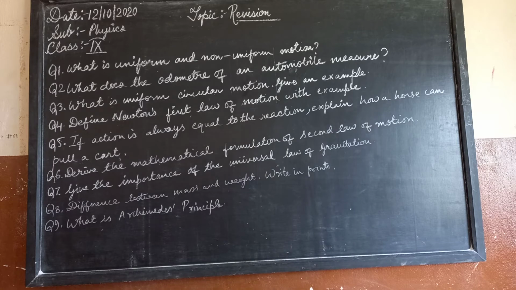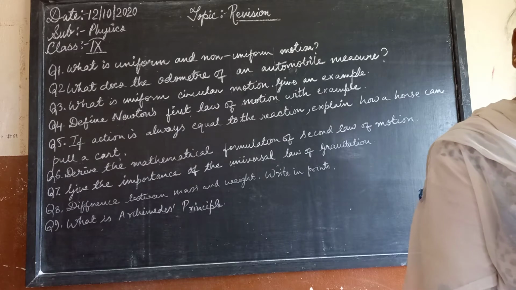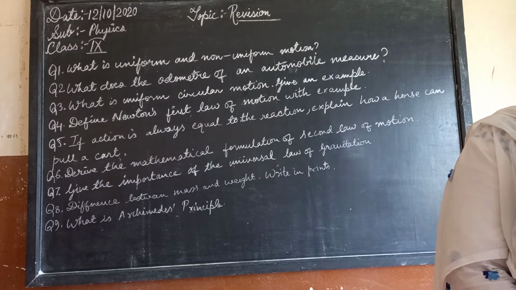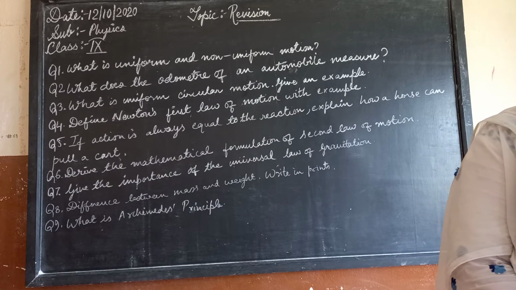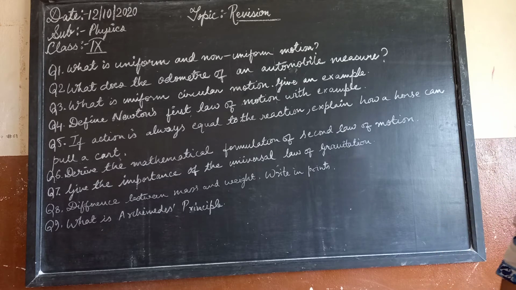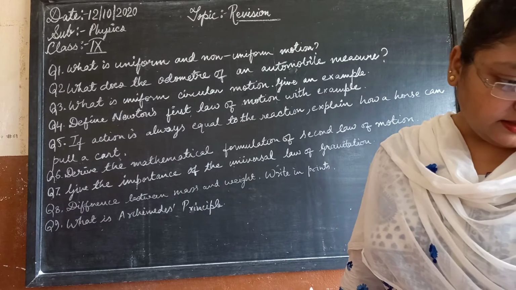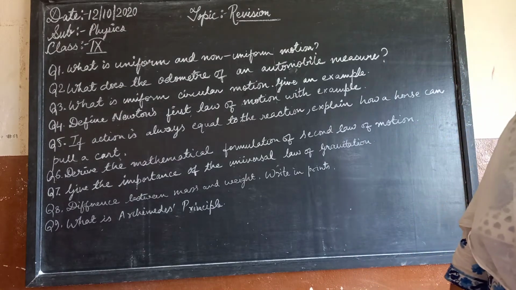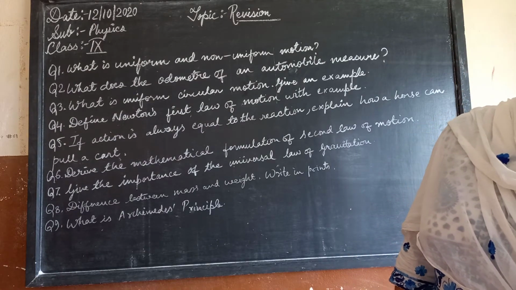Difference between mass and weight. Mass is something which is not changing, and weight is something which changes. The SI units of these two also differ.